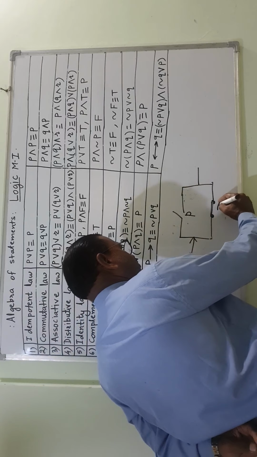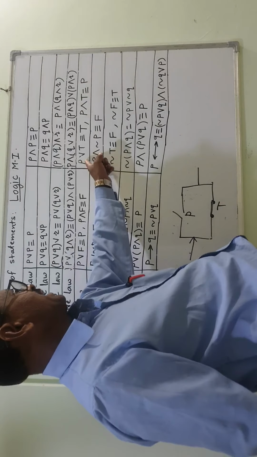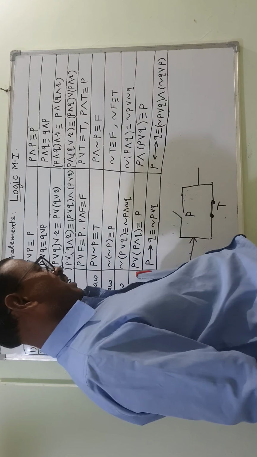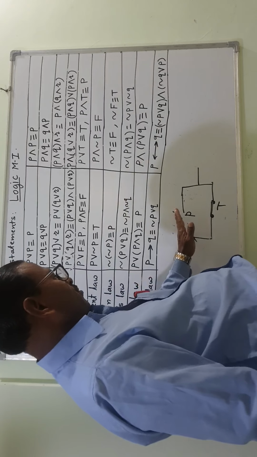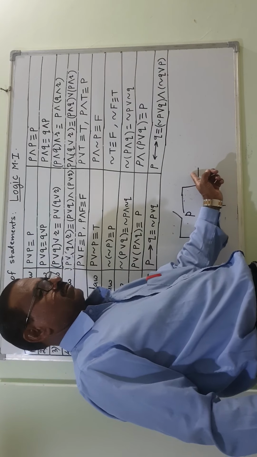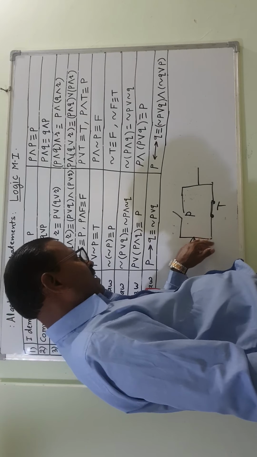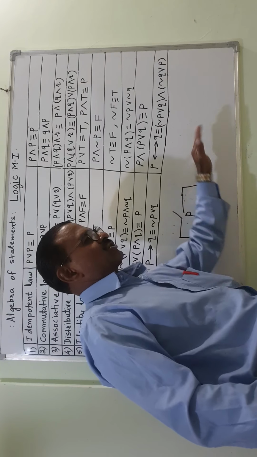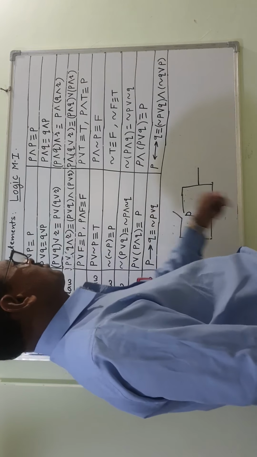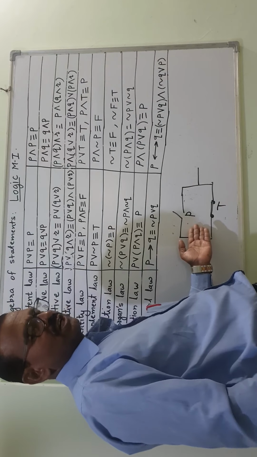This is the true switch. And this is our P switch. They are connected in OR, parallel. So whether this is on or off, current will be always going through this path. That means P is not going to decide anything. The current will be going from the lower branch. That means what it will be? It will be always true. So why have you put this P switch? It was not necessary.